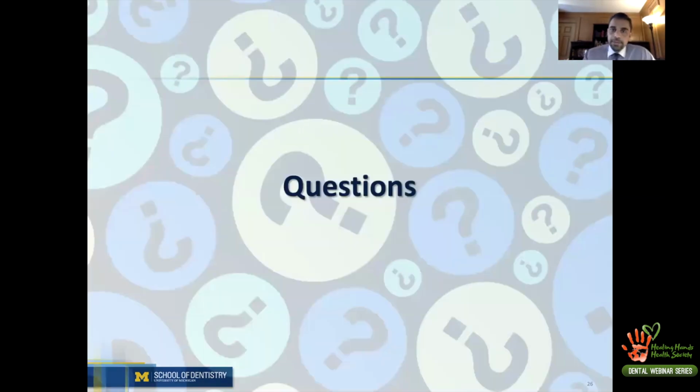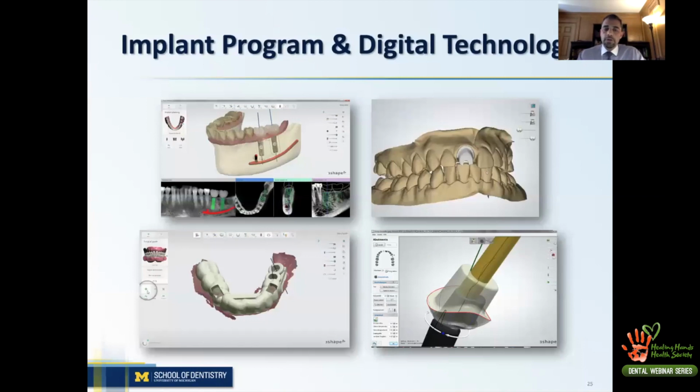Yeah. And that's basically it for our implant program. As I said, the hands-on course is a big part of this that students really like, and we get support from the implant company that lends us the implant kits for training, which we have to return to them.